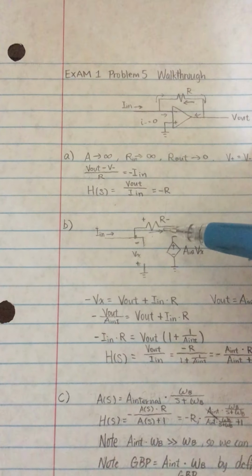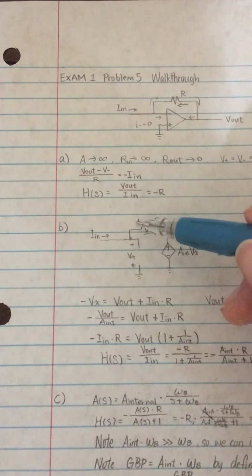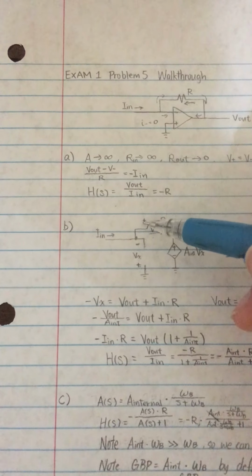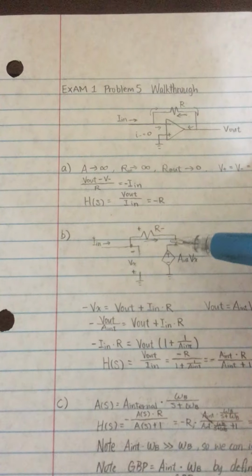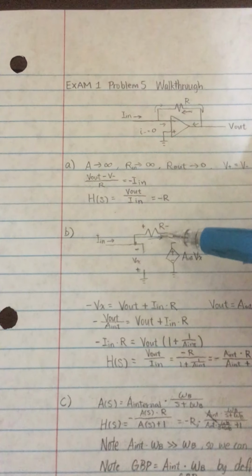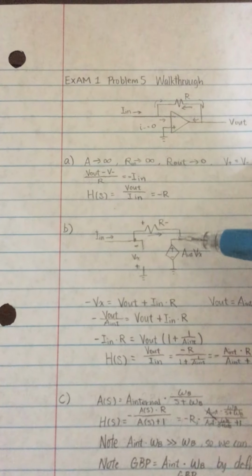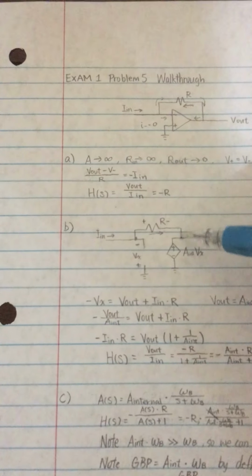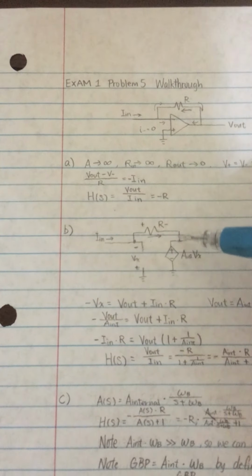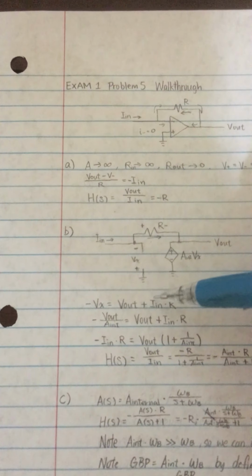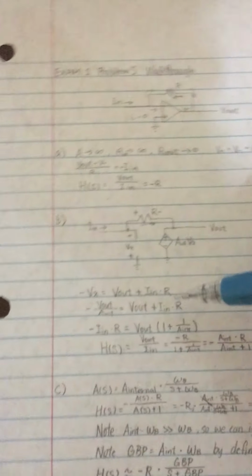So it goes in this direction, which means that the polarity of the resistor is this way. So if we add the voltage in this direction, we are actually adding the voltage, so we have a plus sign here.